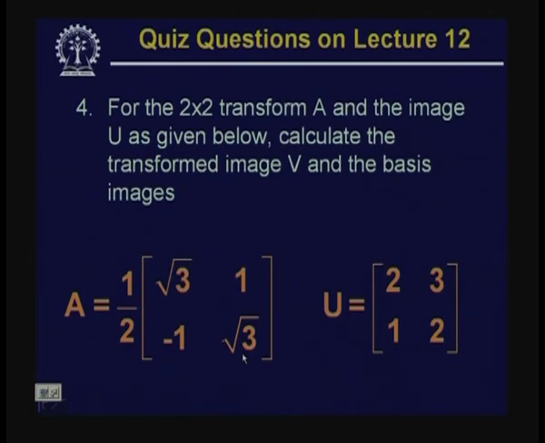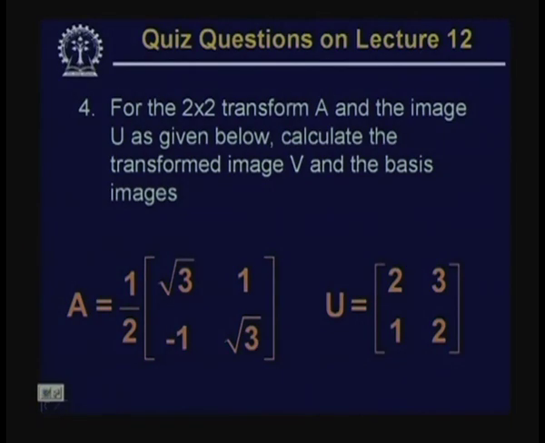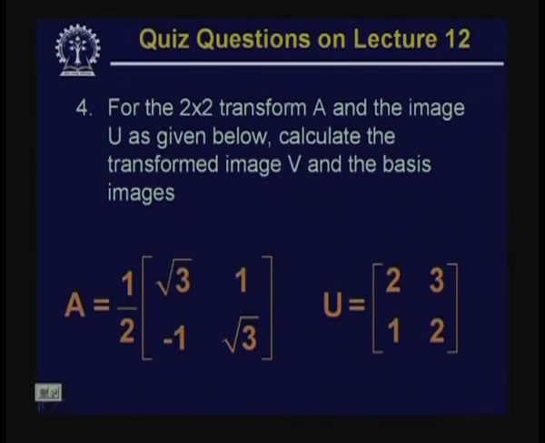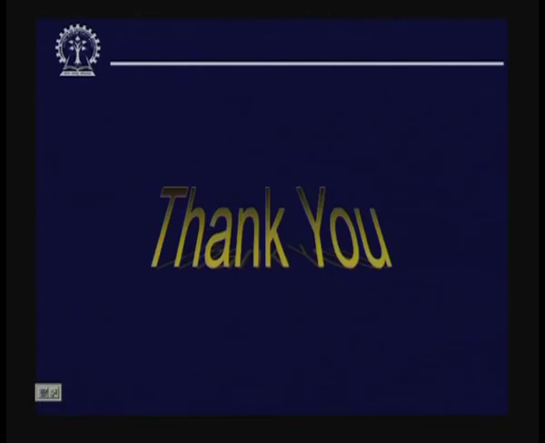The first one is the transformation matrix A, and the second one is the input image matrix U. You have to calculate the transform of this image matrix U when transformed with the transformation matrix A, and you also have to find out the corresponding basis images. Thank you.